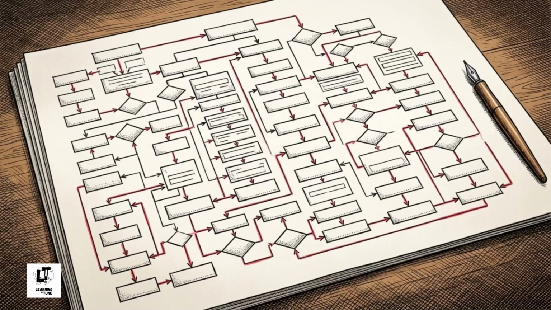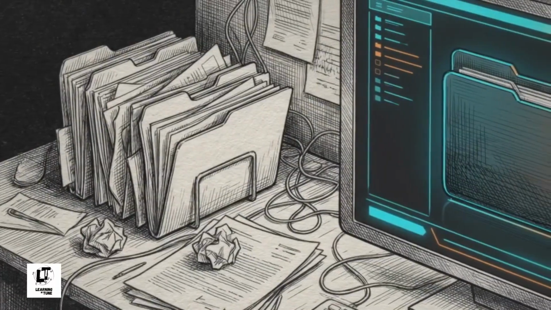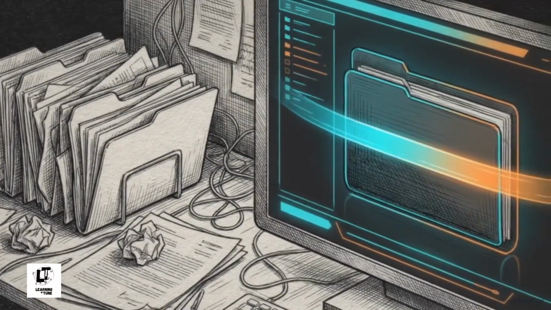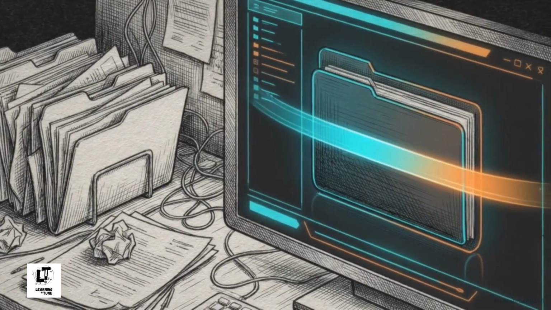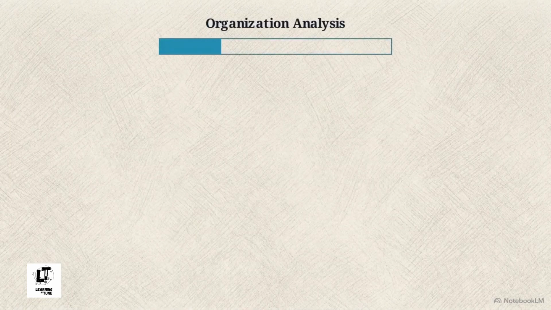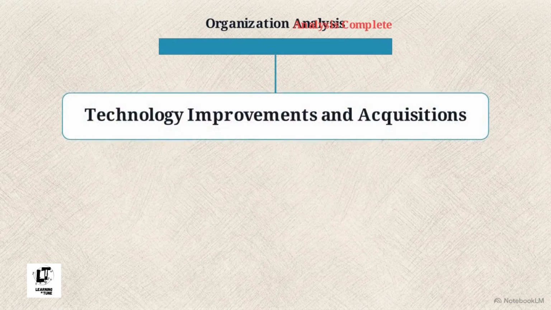This is followed by an organizational analysis phase, where current business processes are mapped out through detailed flowcharts or operational tables. Strategy requires explicit justification. The organization must identify why specific processes need improvement and dictate how technology will facilitate that change.